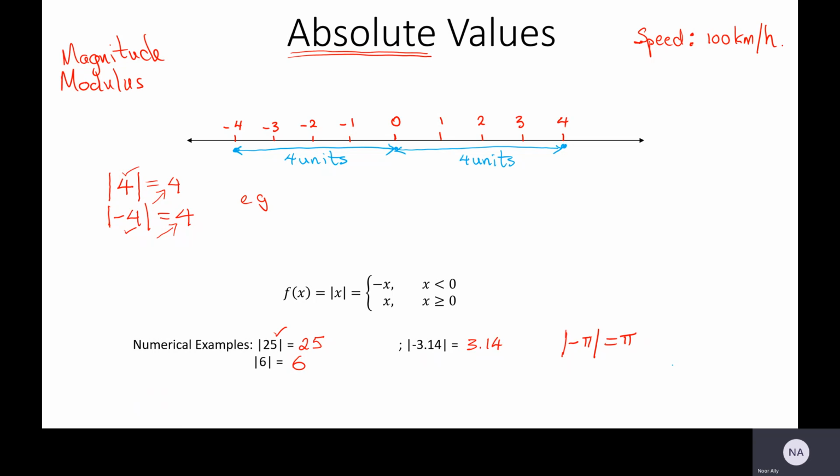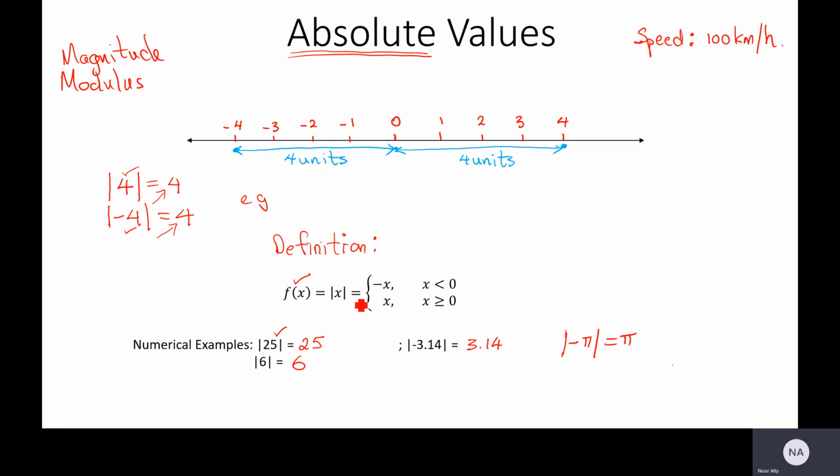Now, how do I capture that concept and my discussion now mathematically? Here we have the definition of absolute values. f(x) is equal to the absolute value of x.